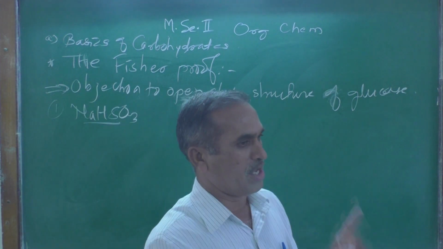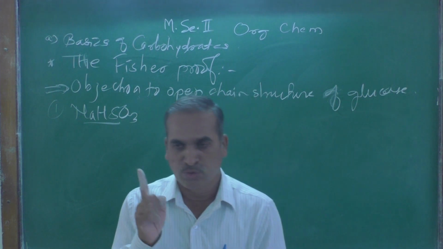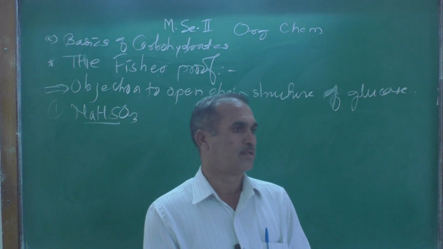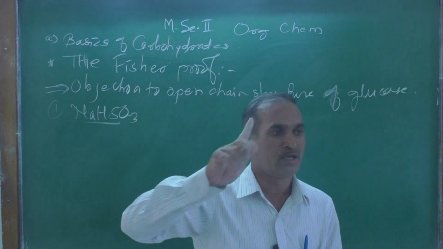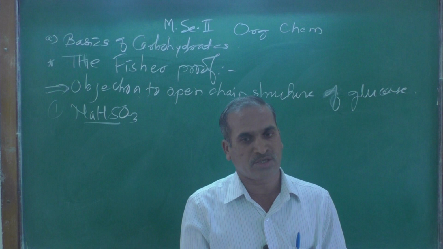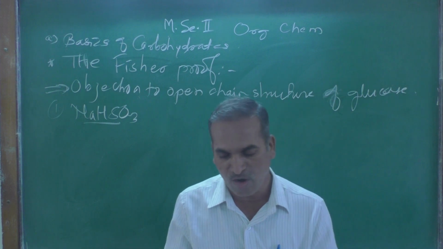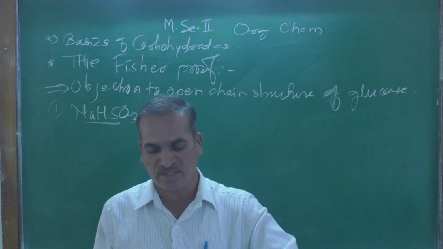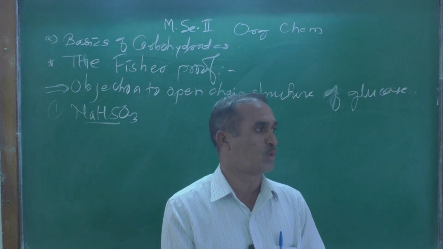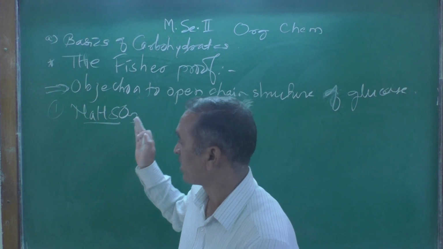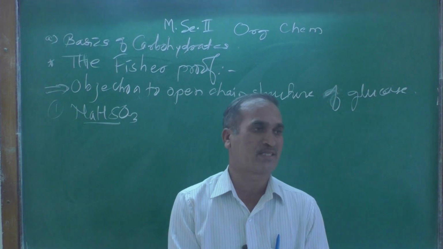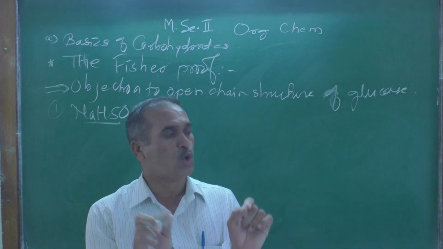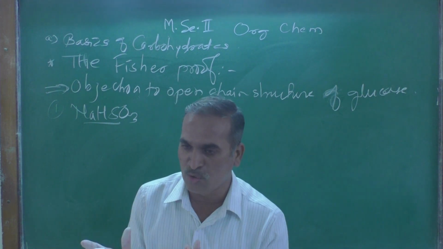This is the reagent. When you treat an aldehyde with this reagent, an addition reaction takes place and forms a bisulfite product. But when glucose is treated with sodium bisulfite, no addition reaction is found.